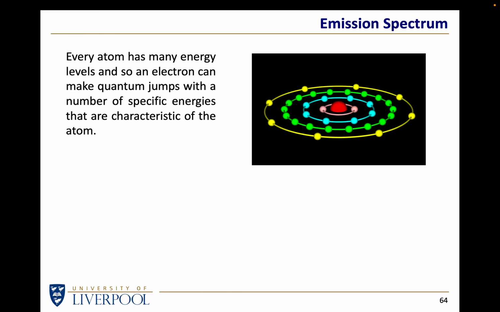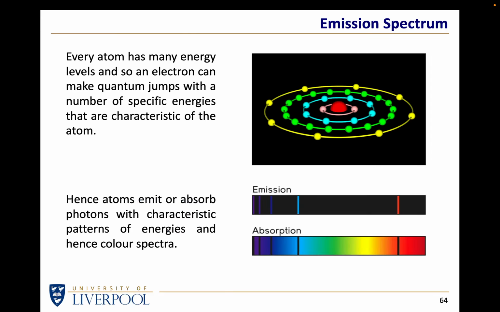This is not necessarily hydrogen, because there are far too many electrons in this particular atom, but every atom has a particular arrangement of electrons, and because of the jumps between these different energy levels, there are particular energies of light that can be absorbed or emitted by this atom. And remember, particular energies correspond to particular wavelengths.